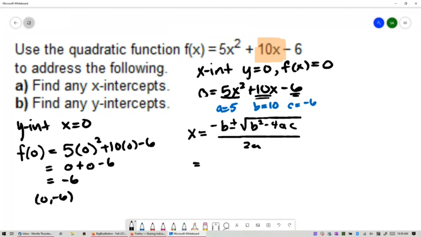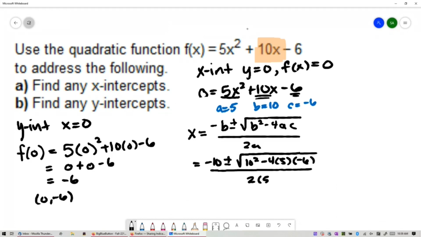I've got -10 plus or minus the square root of 10 squared minus 4 times 5 times -6 all over 2 times 5.